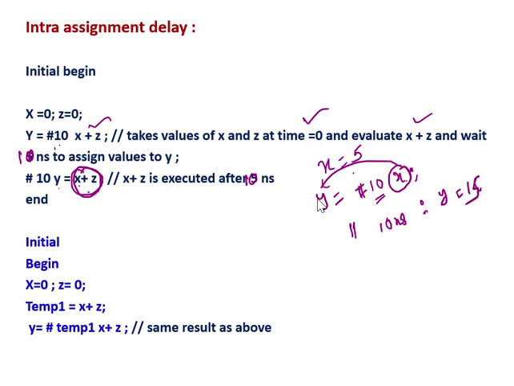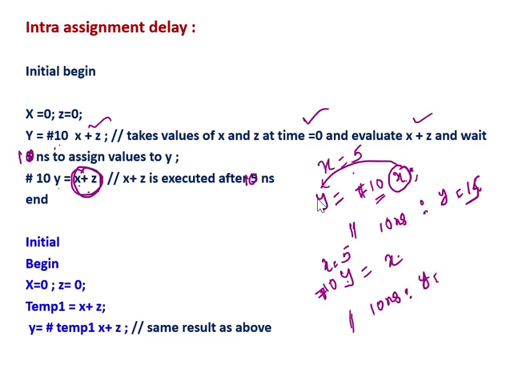But in this case, suppose I write hash 10 y equal to x. What does it mean? Here also x equal to 5, but the x will be assigned to y after 10 nanosecond.